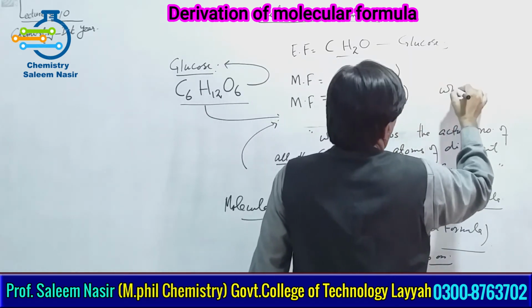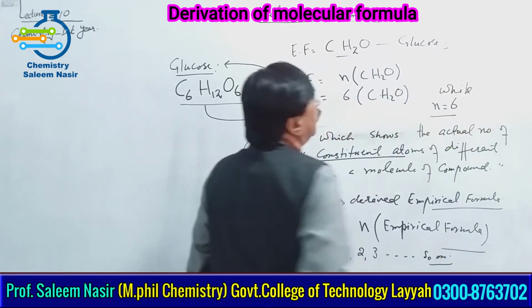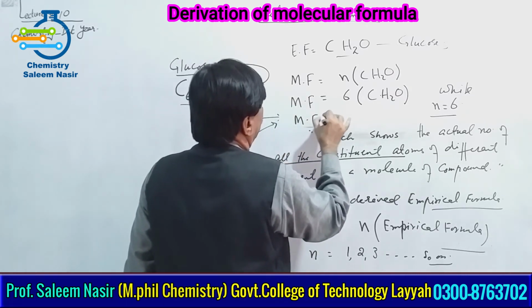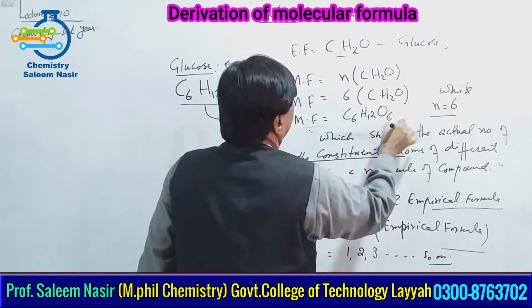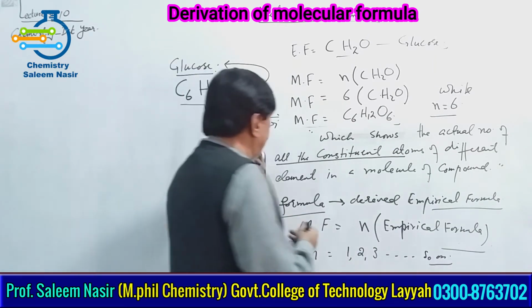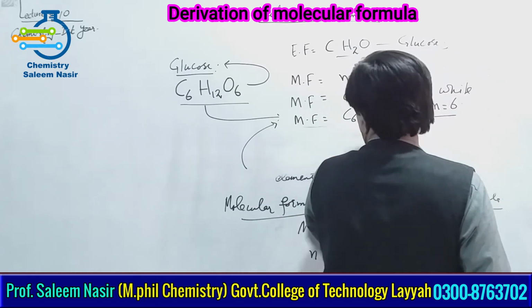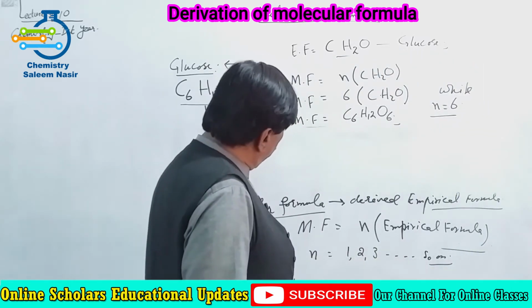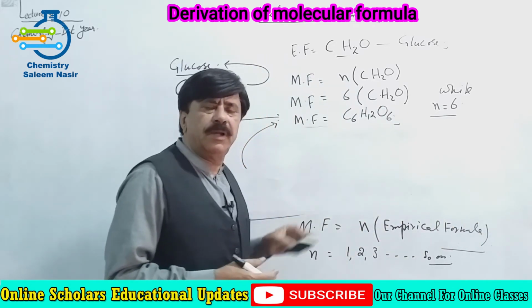While the value of n is 6 for glucose, we take the molecular formula as C6H12O6. Similarly, n is the simple integer. By multiplying that simple integer with the empirical formula, we get the molecular formula.